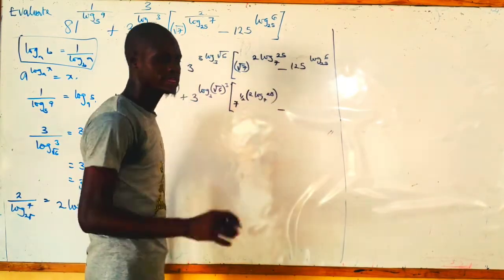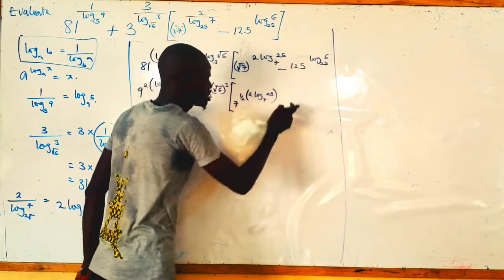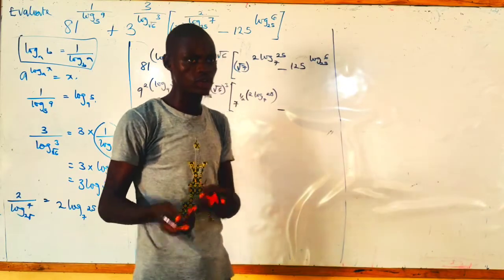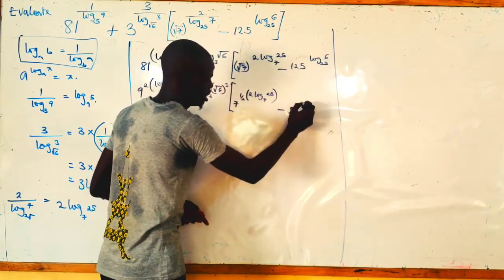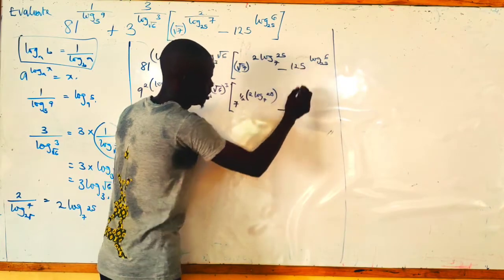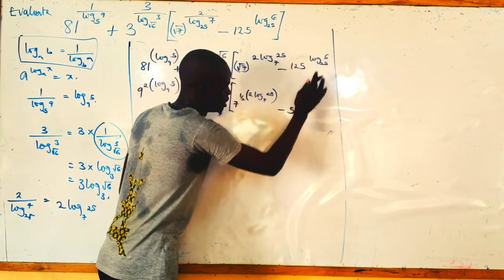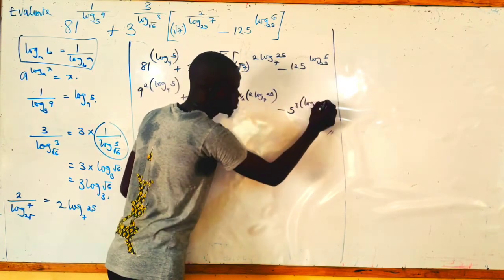I can easily apply a simple rule. I can write them in terms of 5, because there's no number I can multiply by 25 that's going to give me 125. The only thing I can do is just say 5 raised to the power 3. Now, everything into brackets, log of. Now, this 25 can be written as 5 squared, still raised to the power 6.